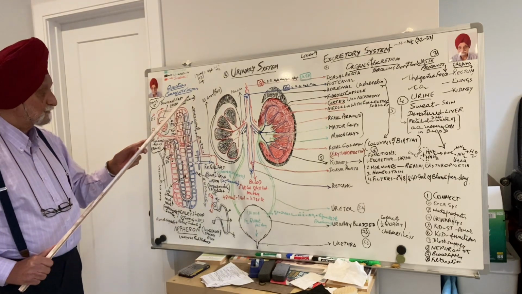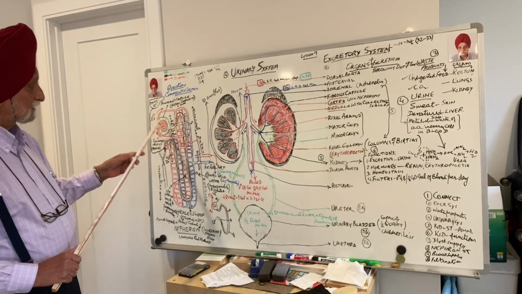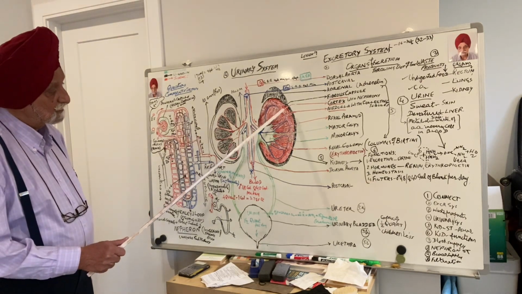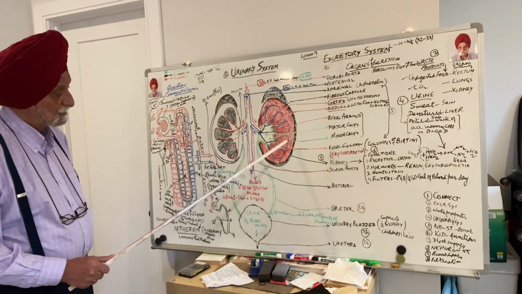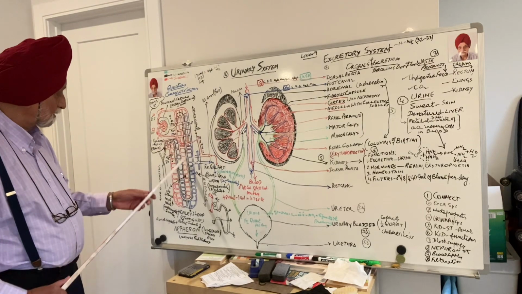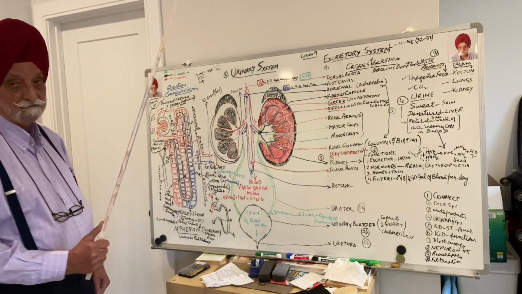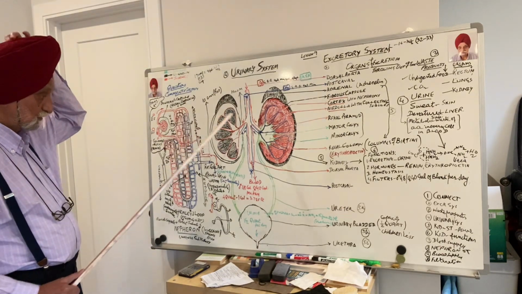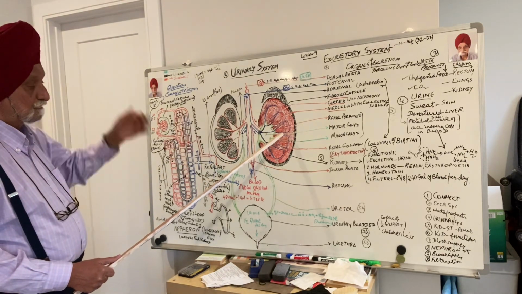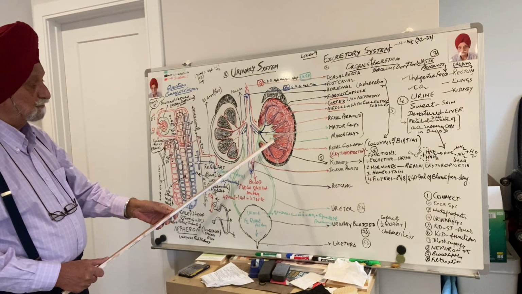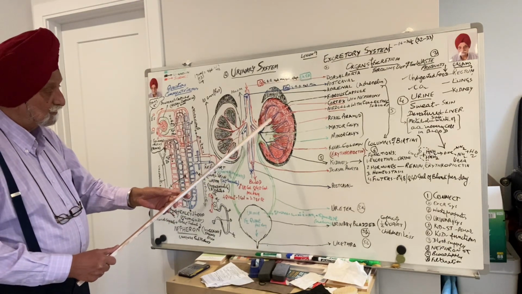Now, the Bowman's capsule is in the cortex, and the tubules are in the medulla, and the urine collecting tubules are also in the medulla.